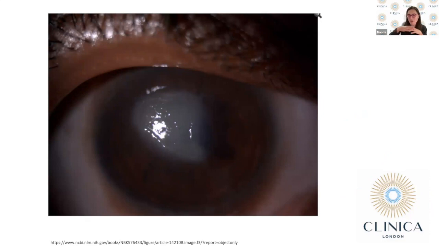So the epithelium breaks down, Bowman's membrane is exposed. It tends to gather mucus that forms a plaque over the epithelium, and that makes it harder for the epithelium to heal. While the epithelium's broken down, that cornea is at risk of infection over the top.